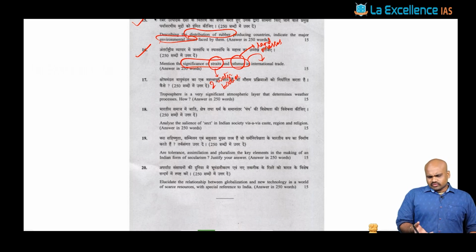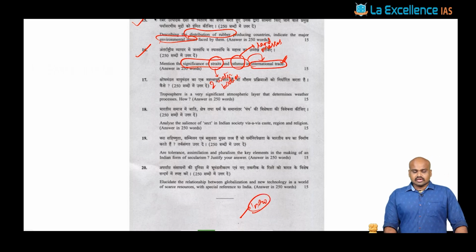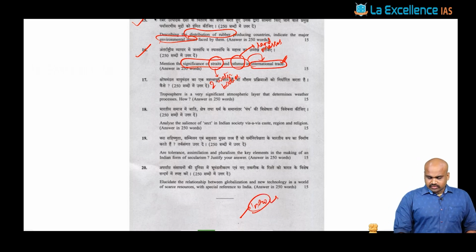Now, if you look at this particular question, it is talking about the significance of straits and isthmus in the international trade. For such a question, the introduction could have simply been: what is a strait and what is an isthmus.